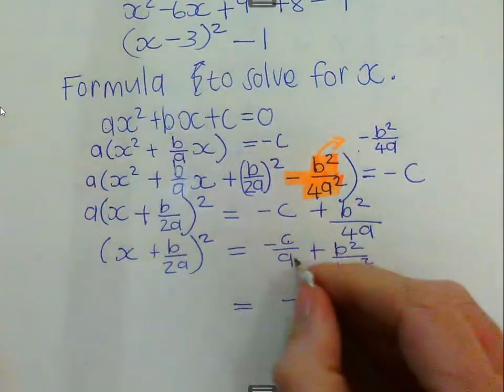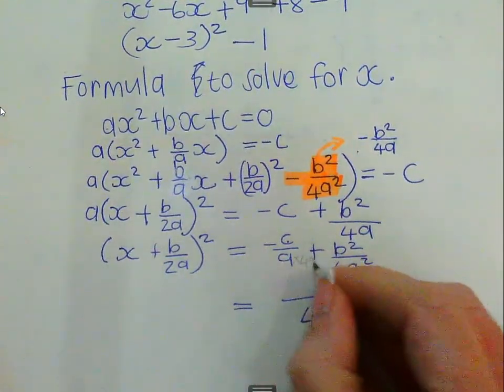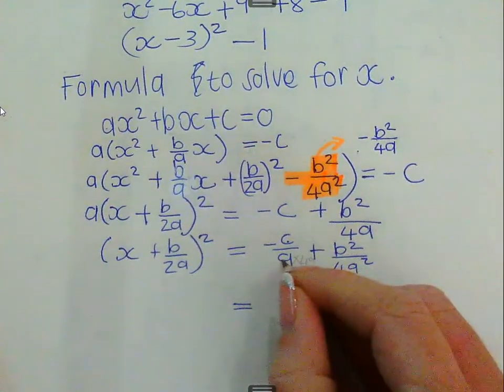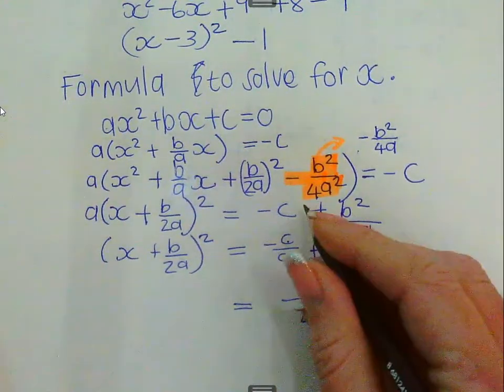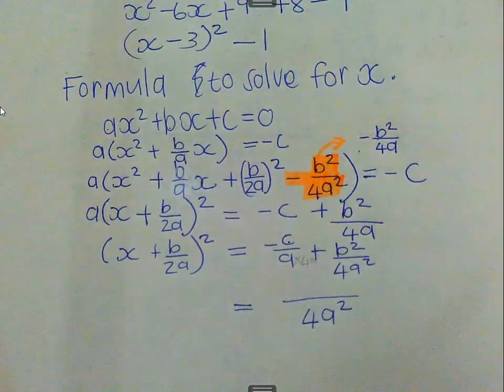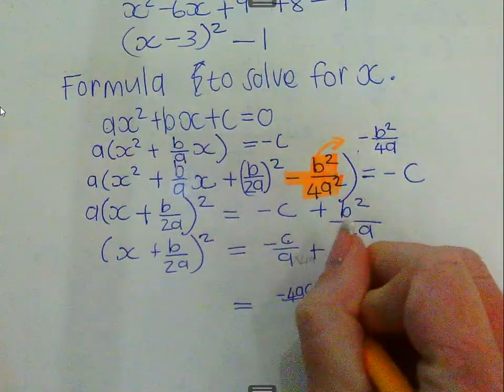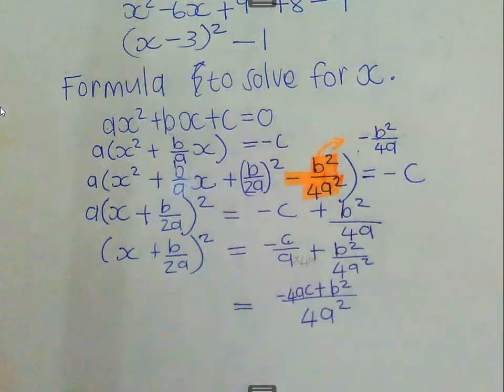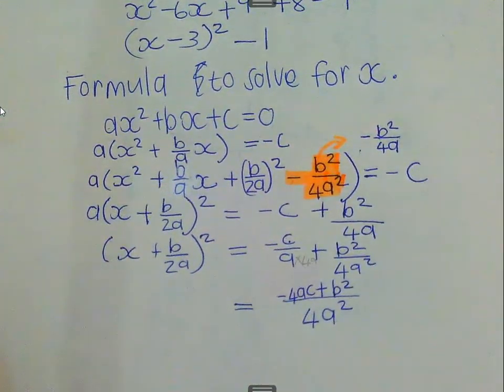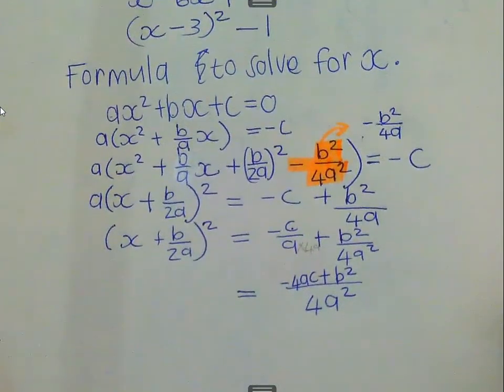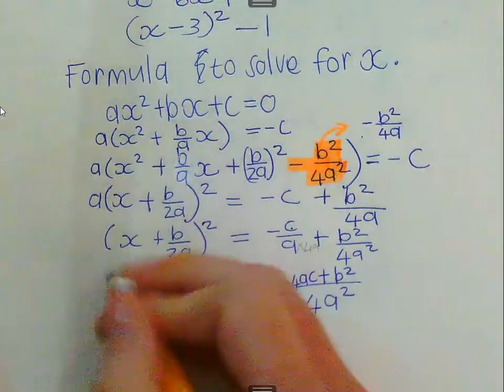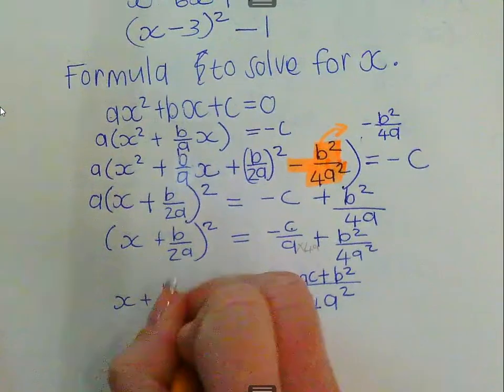This at the bottom, I'm multiplying with 4a so that it becomes 4a squared. What I do at the bottom, I also need to do at the top. So it's minus 4ac plus b squared. Are you happy with that? And on this side, it's still x plus b over 2a.